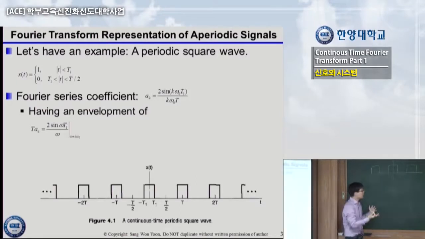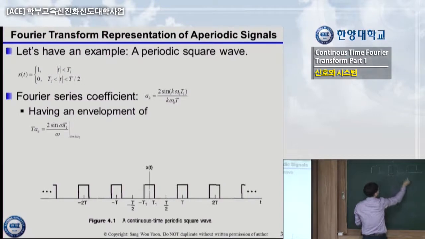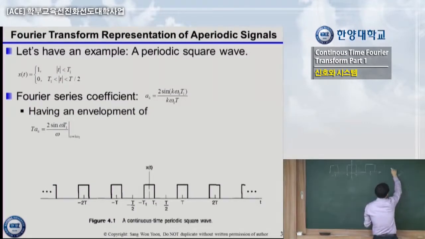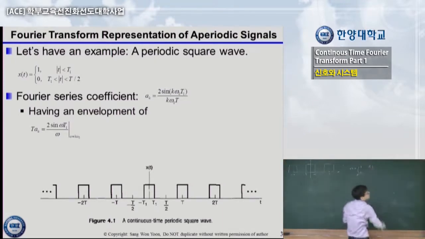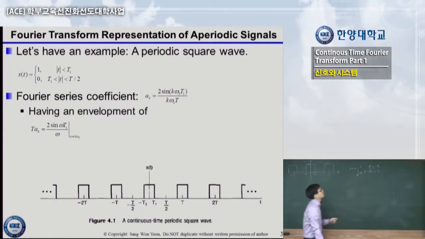So let's have a square from minus t1 to t1, repeating every T. And this will be given as x(t) equals 1 for t smaller than t1, and for t larger than t1, smaller than T, it will be 0.